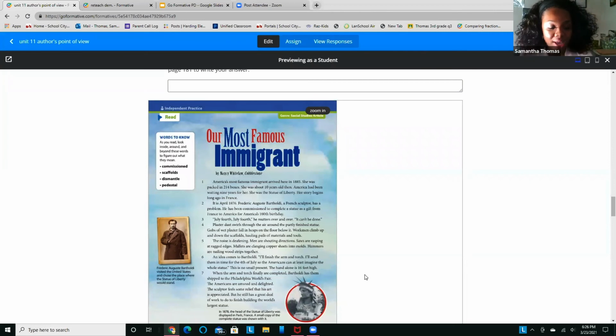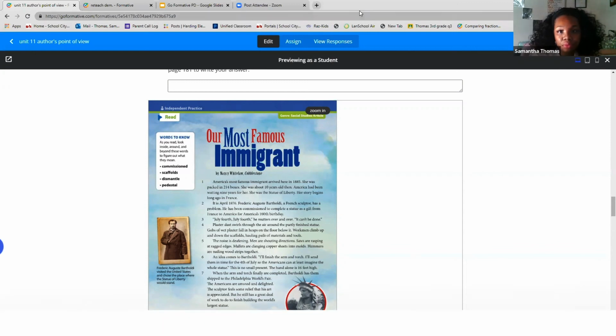You can see everybody going back and making those changes. That's one thing I love about Go Formative: you can see what they're doing in real time. You can give comments privately, or to the whole class. Like, I'm noticing almost all of you have given me an answer, but not anything to support it. Where are your details? Yeah, I love that.